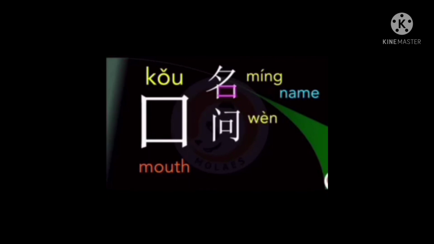Cow, mouth, cow. This character Ming means name. We can say that the character mouth is on the bottom because our name comes from the mouths of people. When we see the mouth inside the door, we ask a question.